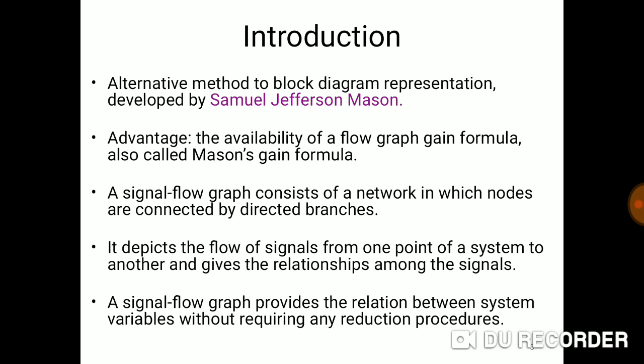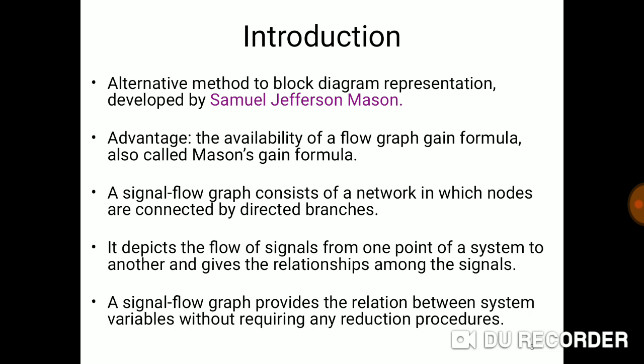What's the advantage of this? The flow graph gain formula is also called Mason's gain formula. A signal flow graph consists of a network in which nodes are connected by directed branches. It depicts the flow of signals from one point of a system to another and gives the relationship amongst the signals.